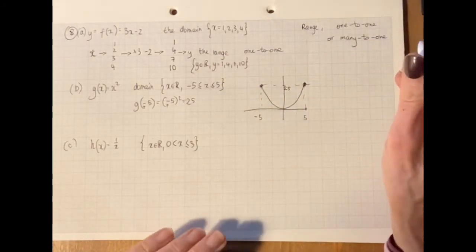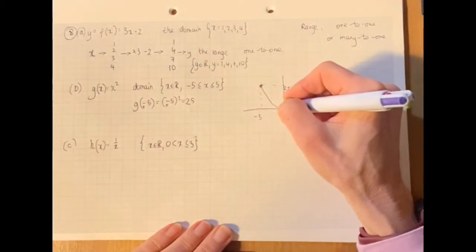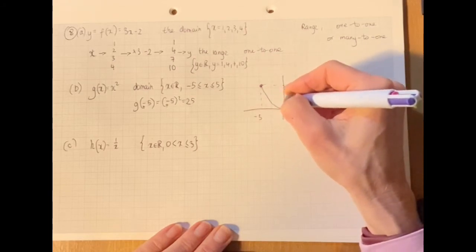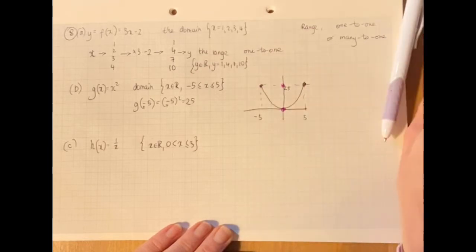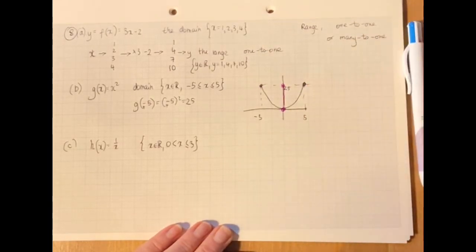So what are the possible values of y or g of x? Well, you have the lowest value at 0, and the graph definitely passes through that, so you'll be getting that value. And the high value is 25. Again, you get this value because the end values were included.